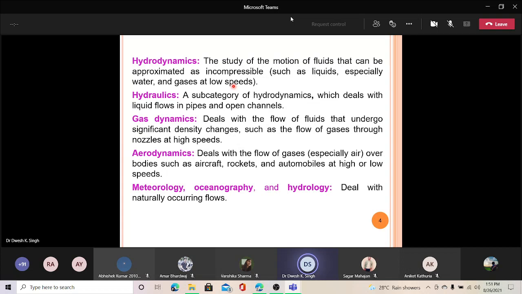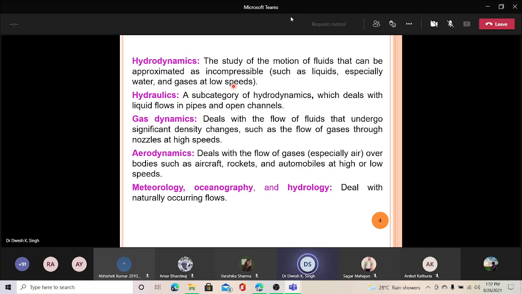In aerodynamics, the medium, meaning the fluid, is basically air, which is why it is called aero. And dynamics, you can understand, means motion. So it deals with flow over bodies such as aircraft, rockets, aeroplanes, helicopters, missiles, and automobiles.